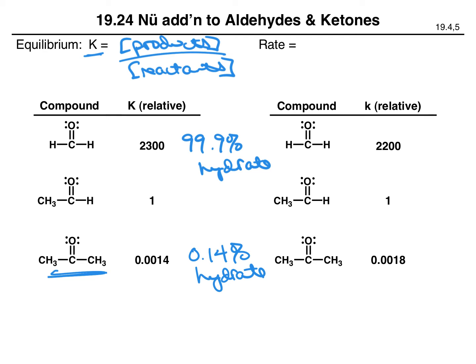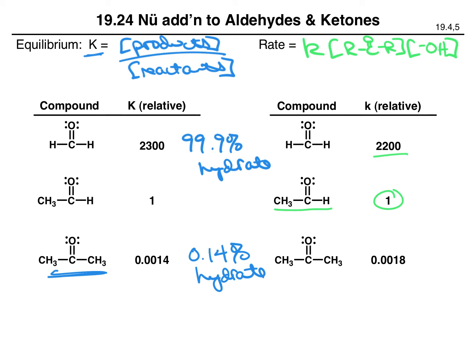Now, we should also think about the rate of the reaction, and the rate is equal to a rate constant k times the concentration of the carbonyl containing compound, so our aldehyde or ketone, times the concentration of hydroxide. And if we look at the same examples and we call acetaldehyde, let's say that has a rate constant of 1. The rate constant for formaldehyde is 2200 times larger.